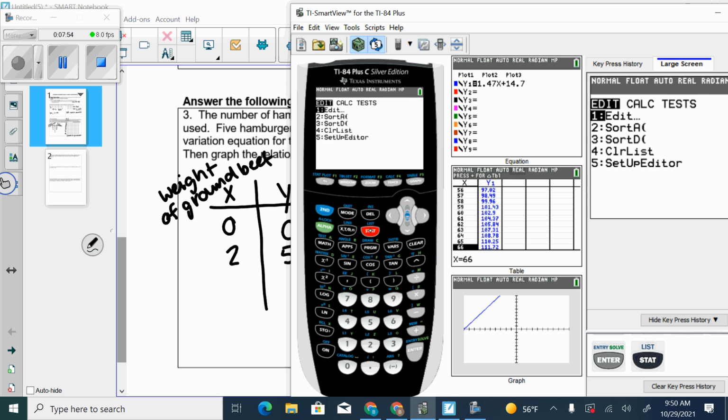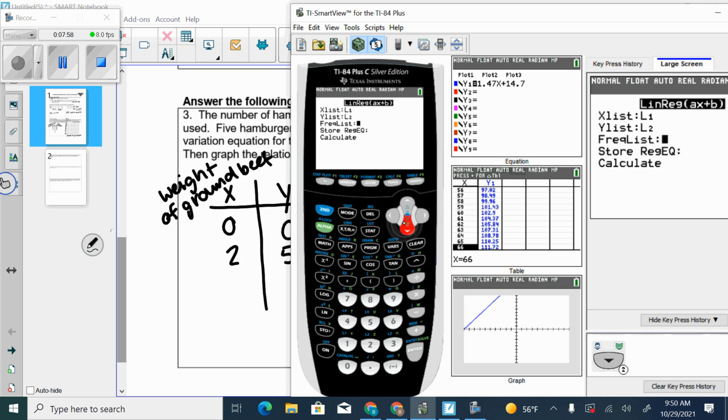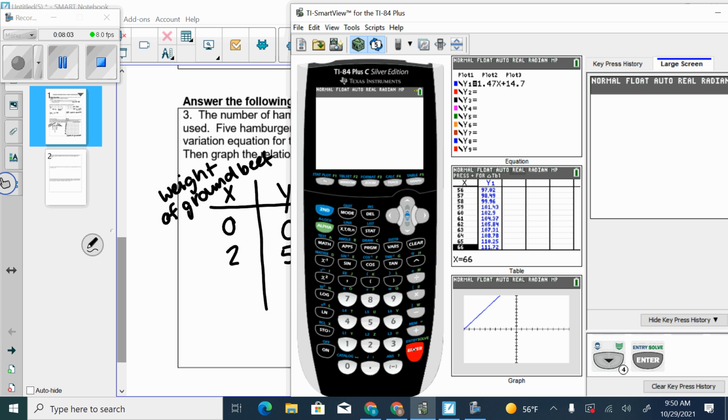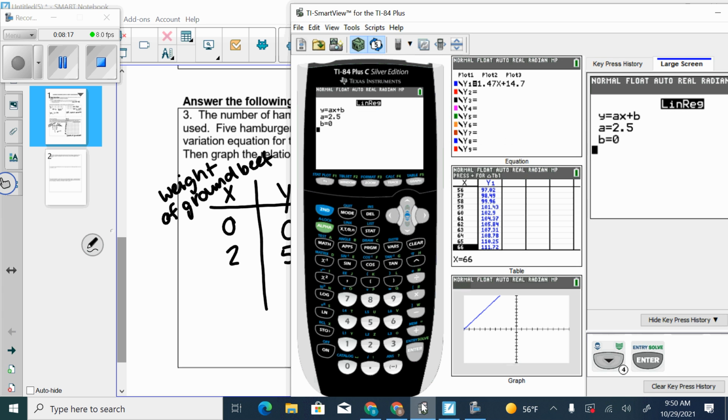We go to Stat, Calc 4, and calculate. And we do get a b value of 0 and an a value or a slope of 2.5. Okay? So if our m is 2.5, we need to convert that into a fraction.